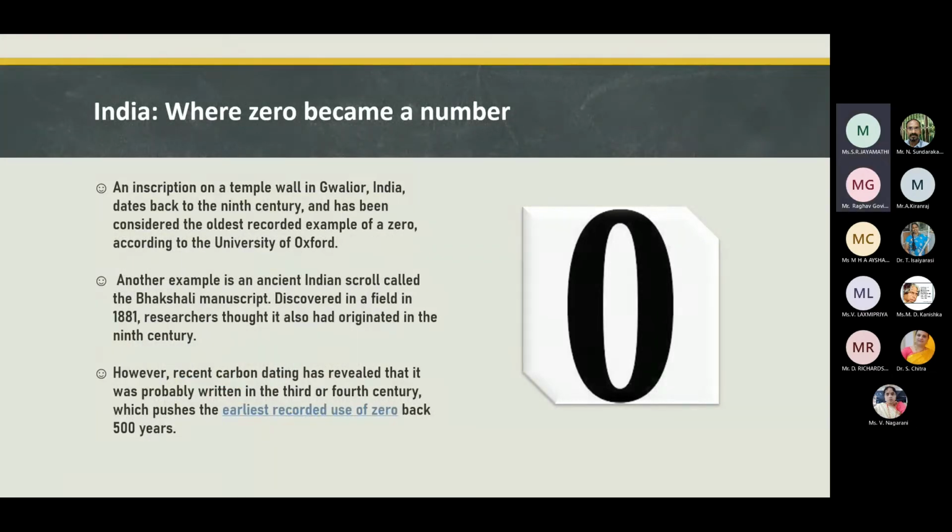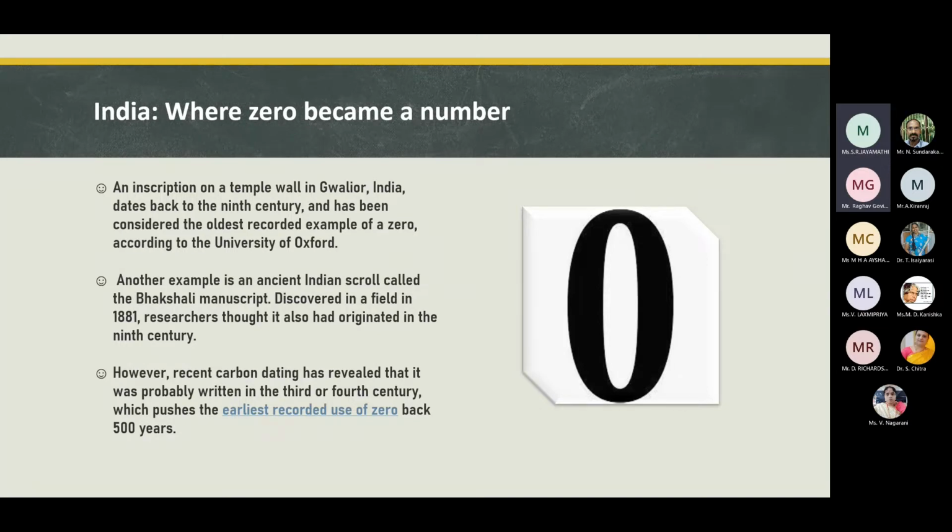An inscription on a temple wall in Gwalior, India, dates back to the 9th century and has been considered the oldest recorded example of zero according to the University of Oxford. Another example is an ancient Indian scroll called the Bakhshali manuscript, discovered in a field in 1881.